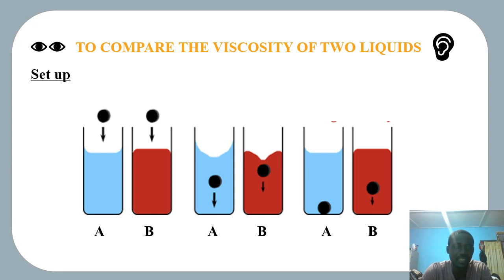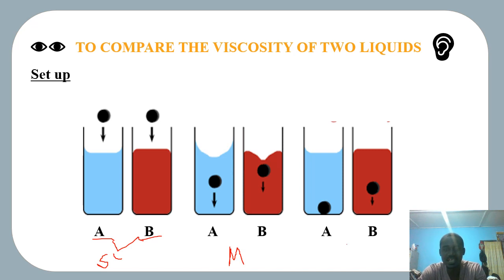So look at the setup here. We have A, B, and then at the beginning, the starting point. The starting point is here. Then at the middle point, you see how the movement is going.